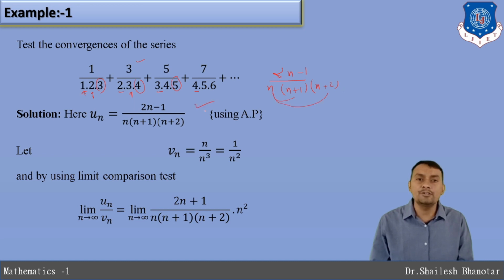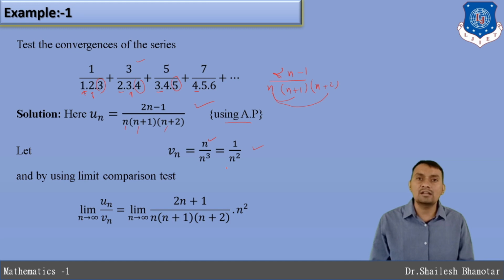This is exactly our un, since using the arithmetic progression you can write it. And vn you have to choose. How can we determine vn? The numerator contains the highest power, that is n, and the denominator contains n, again n, again n, so it will be n raised to q. So the conclusion is that 1 divided by n square is there.